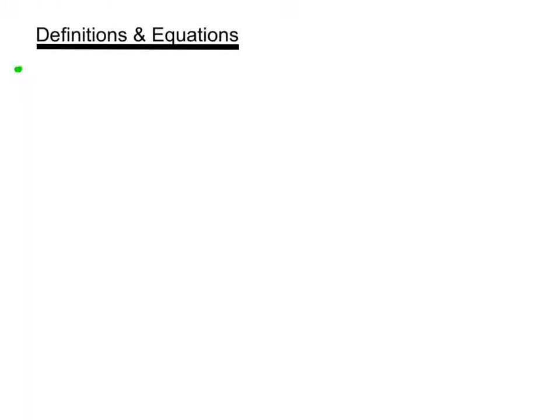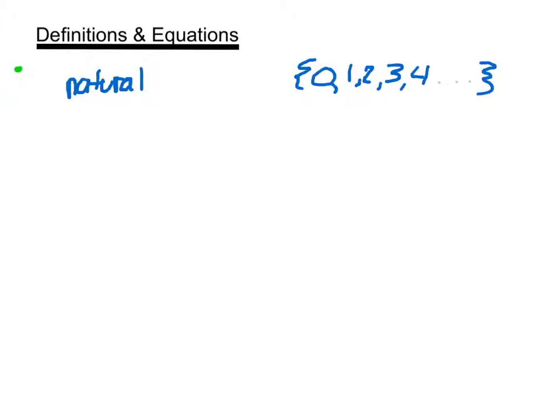So I have a few more definitions for you. We're going to define the natural set of numbers as all the counting numbers, including 0. So 0, 1, 2, 3, 4, and so on to infinity. And we're going to designate the natural set of numbers with the capital letter N. The integers, which we'll designate with the capital letter Z, are all the counting numbers and their negatives.